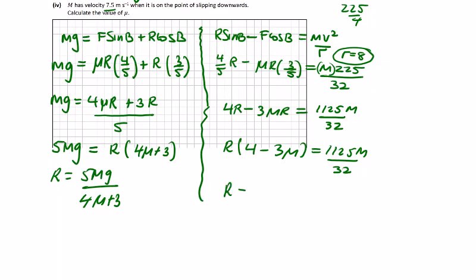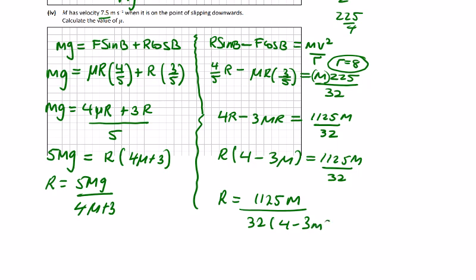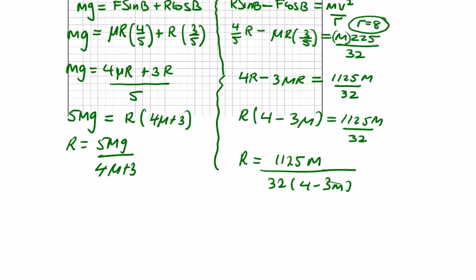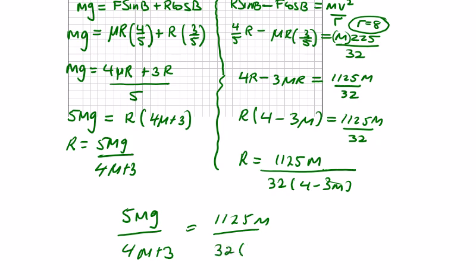So R is equal to 1125m over 32 times 4 minus 3 mu. These are lovely questions. They're so easy to work out. So if I equate these two things, 5mg over 4 mu plus 3 equals 1125m over 32 times 4 minus 3 mu. I'm losing the will to live.